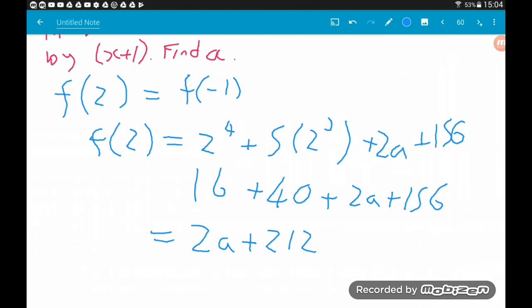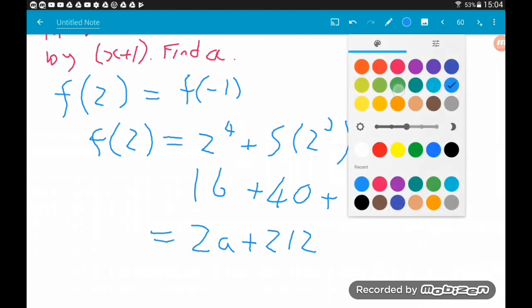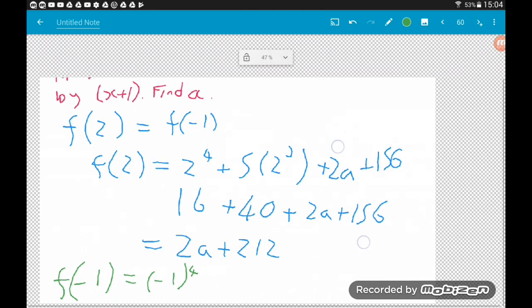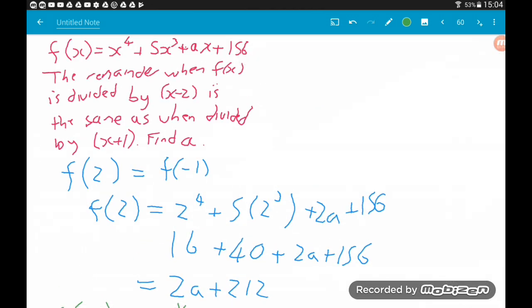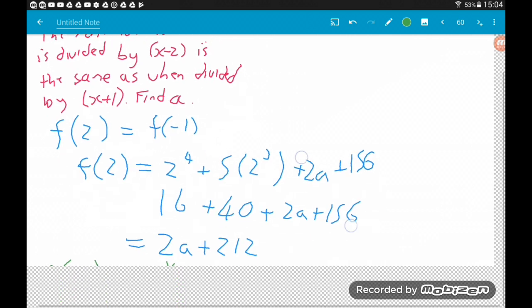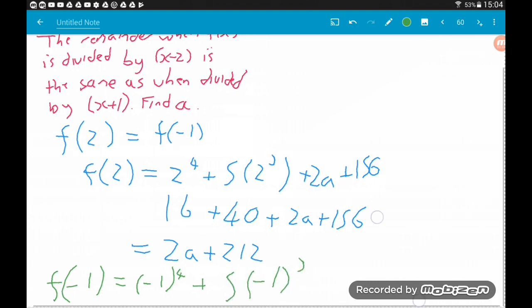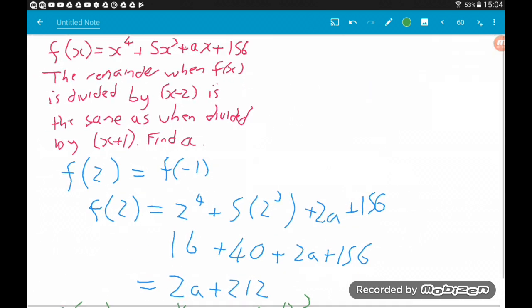Now we need to find f of 1. Sorry, f of minus 1. So f of minus 1 is minus 1 to the power of 4. And then 5 lots of minus 1 cubed. Like that. And then add, well, minus 1a.